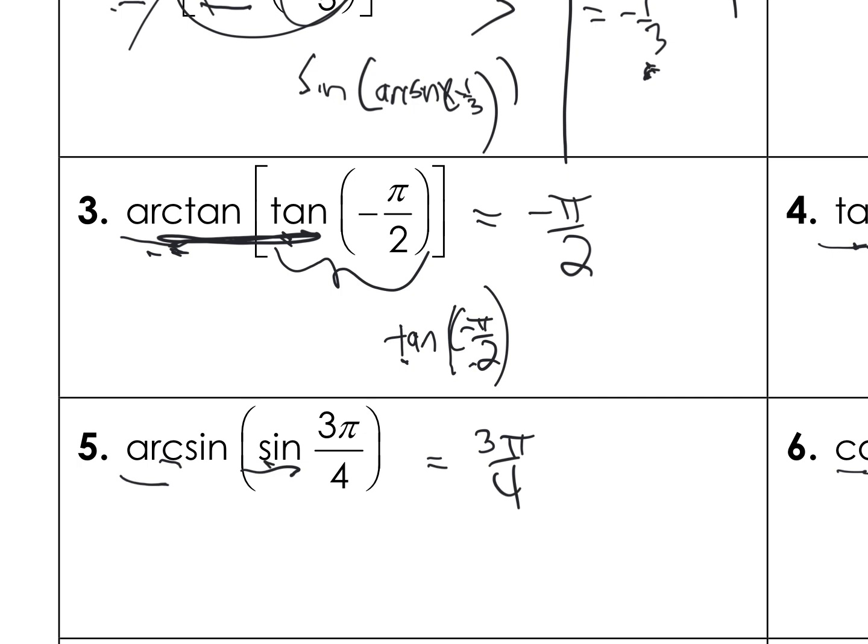As I recall, tangent had asymptotes at negative pi over 2 and pi over 2. You should get an error in your calculator because you can't take the tangent on an asymptote. It doesn't have a value.